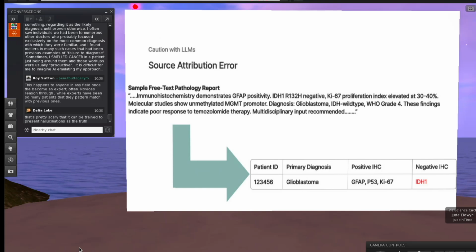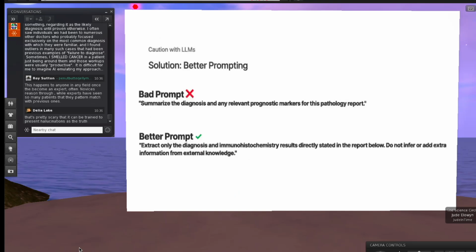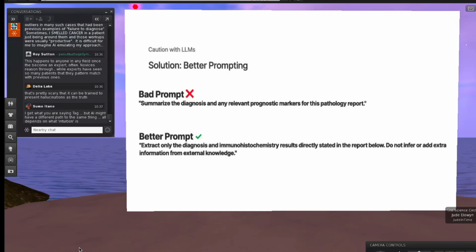And how do we deal with that? Well, we need to be very specific about the prompt that we pass to the LLM. We often have to introduce things like honesty as a part of the prompts that we present.